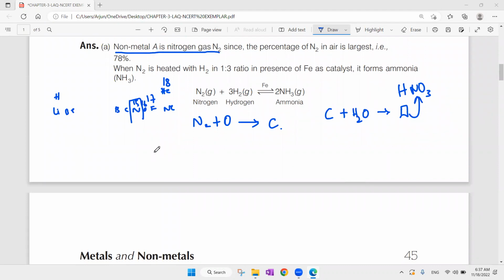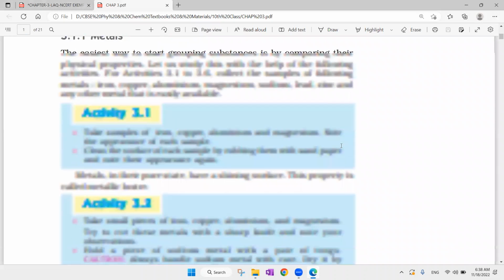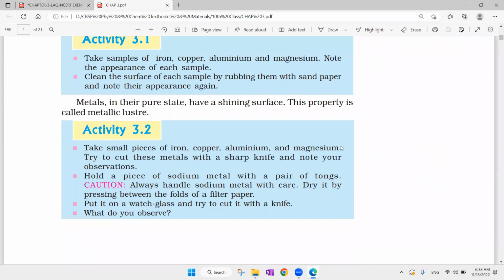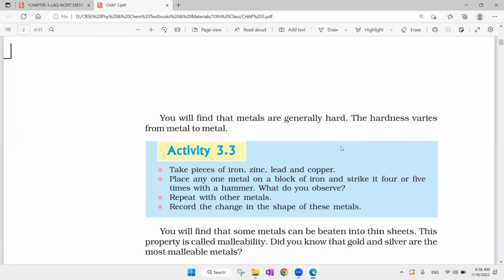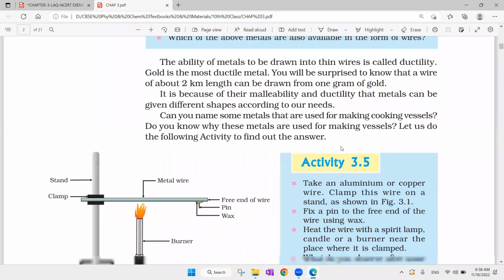Good conductor of electricity. But in your textbook itself, it is clearly mentioned. Wait, let me open the textbook. So what your sir said? Mercury is a bad conductor of electricity, but not a bad conductor of heat. Okay, your sir said that, isn't it?